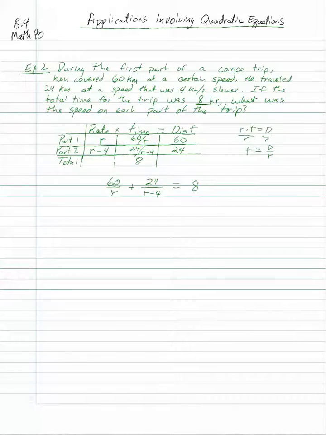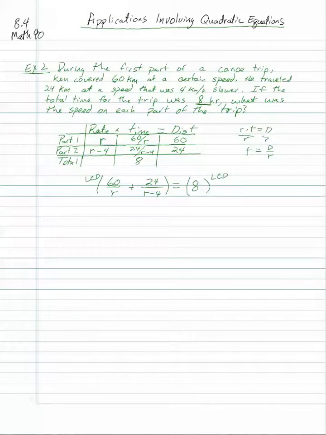And so this is the kind of equation we've been studying. So how would we solve that? We're going to multiply everything by the LCD, which is R times R minus 4.